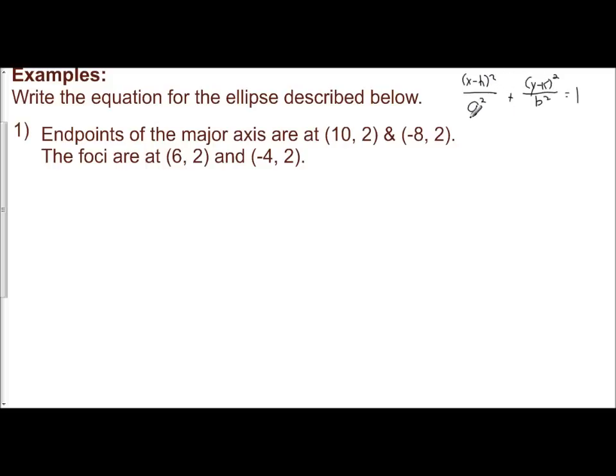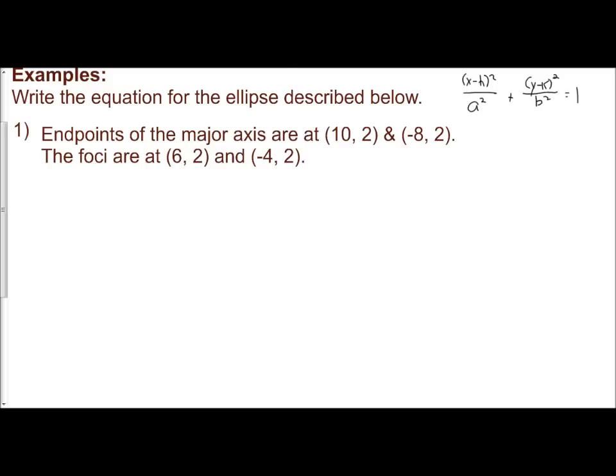I need to know my a value, which is the distance from the center to the vertices on the horizontal axis. And I need to know my b value, the distance from the center to the vertices on the vertical axis. So I'm going to sketch a little diagram to help me figure out all these parts.